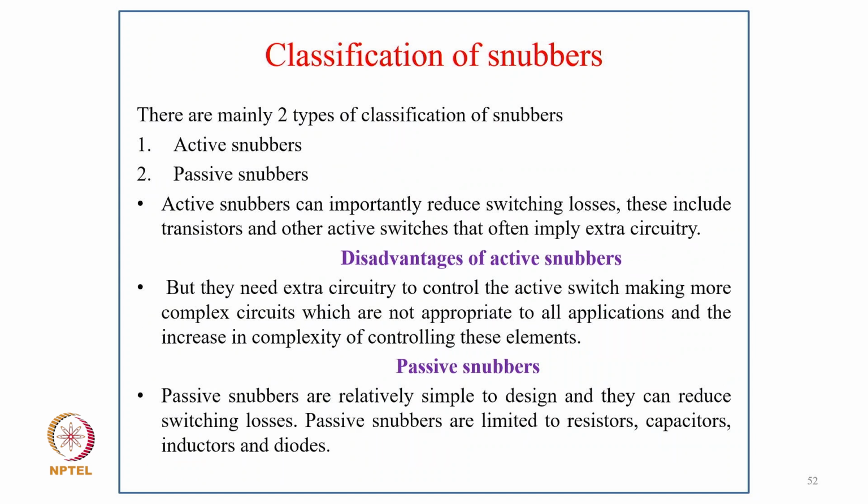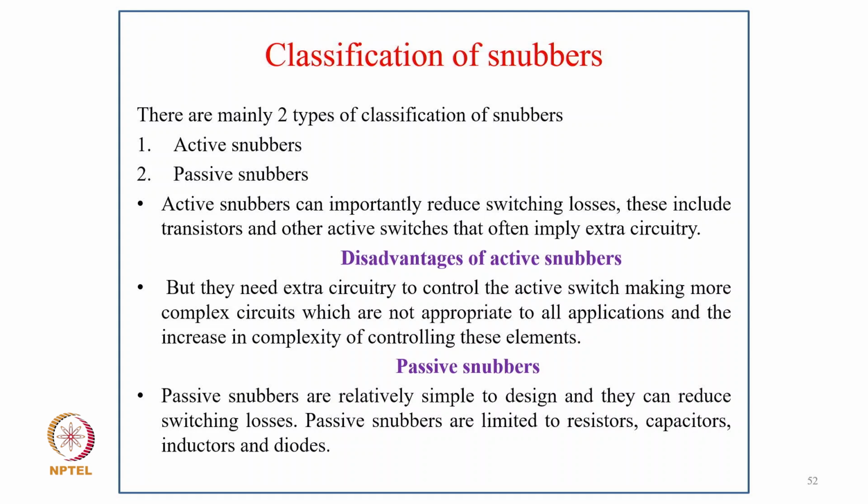So there are mainly two types of classification of snubbers: the active snubbers and passive snubbers. Active snubbers can significantly reduce the switching loss, and they include transistors and other active switches that often imply extra circuitry.